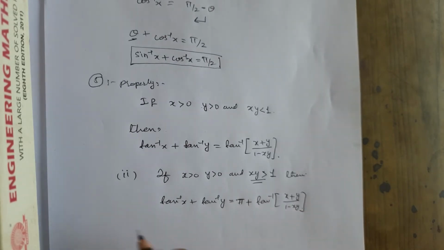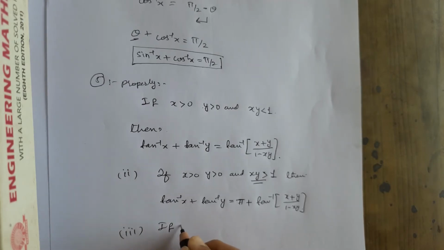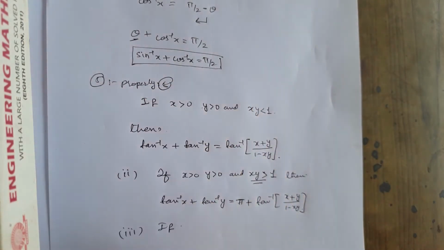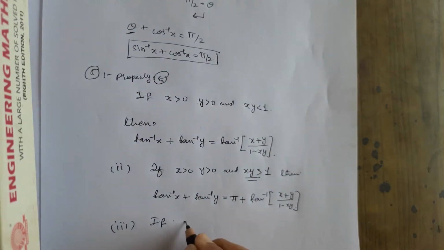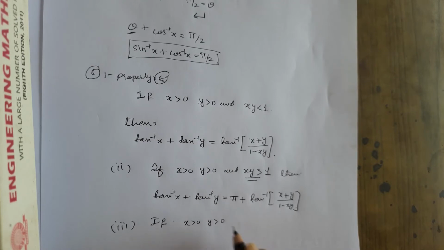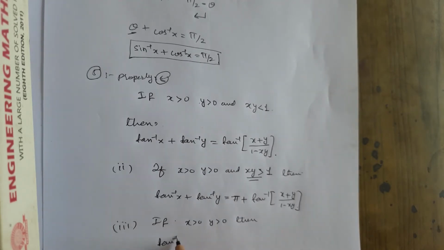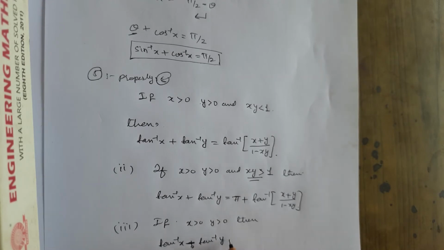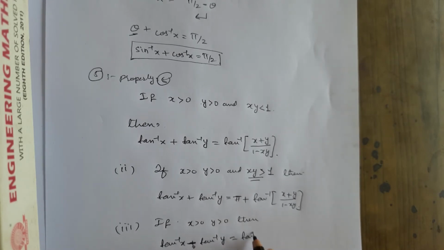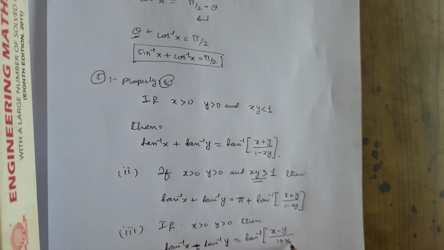And the third property is also related to tan. These are all related to tangent angle. If x is positive, y is positive, then tan inverse x minus tan inverse y equal to tan inverse of x minus y upon 1 plus x into y.